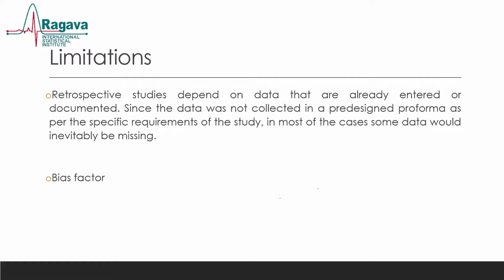People tend to look at or present the data that they want to present, and it is not something that is actually going to be useful for the organization as such. The bias factor is one important limitation with regards to your retrospective data. So these are the two things that I have majorly listed with regards to the limitations.